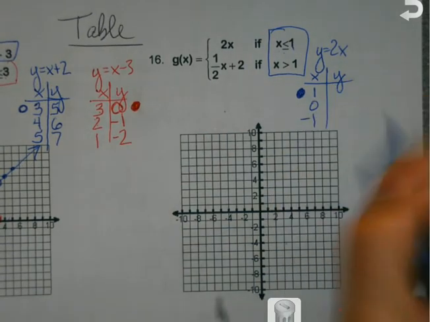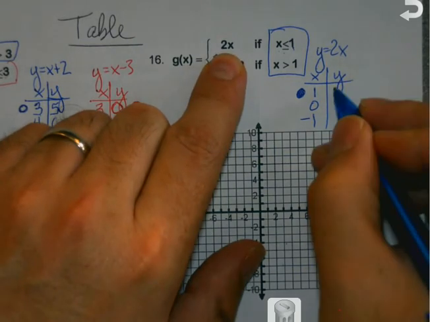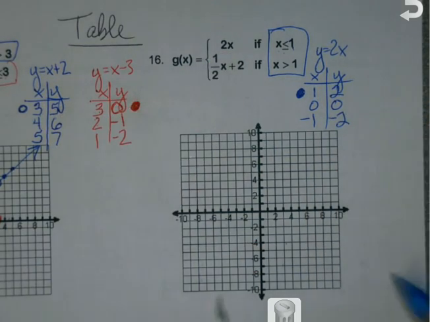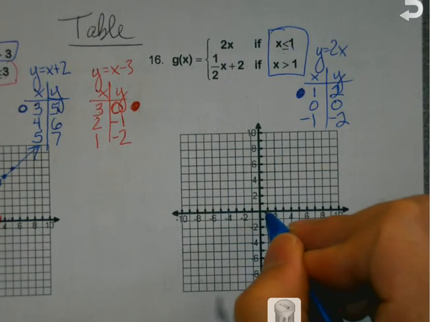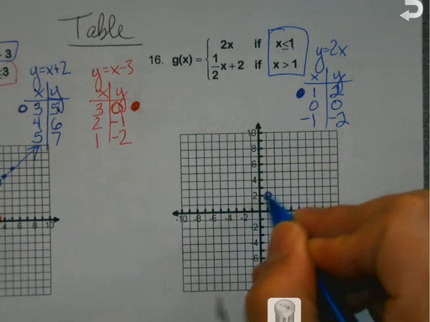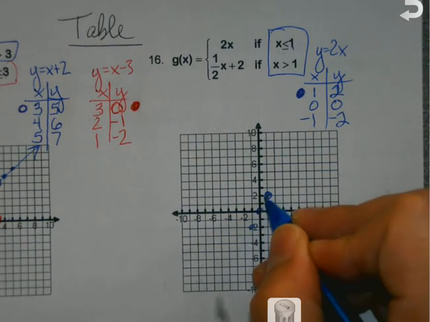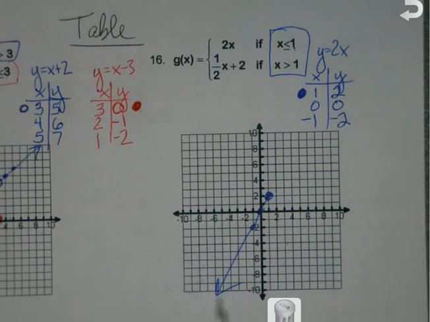All right. Then just plug them in. 2, 0, negative 2. So 1, 2, big dot, 0, 0, negative 1, negative 2. So we're done with 1.